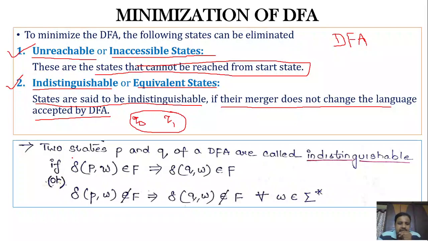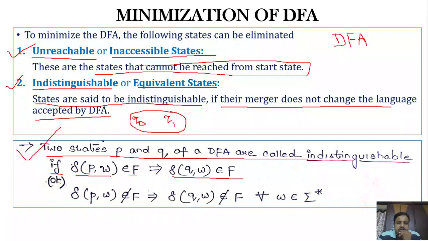Then the next question is, when can we say that states are indistinguishable or equivalent? Just understand the principle here. The two states P and Q of a DFA are called indistinguishable if and only if, for delta of p comma w, where p is some state and w is some string, processing the string w from p gives a final state, then it implies that processing w from state q will also lead to a final state.